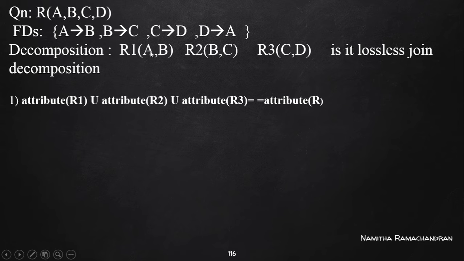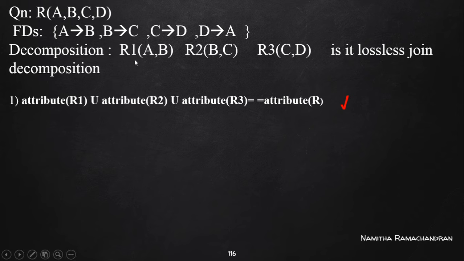A, B, C and D, all attributes are distributed over these decompositions R1, R2 and R3. No attribute is missing. So condition 1 is satisfied. So go for condition 2.